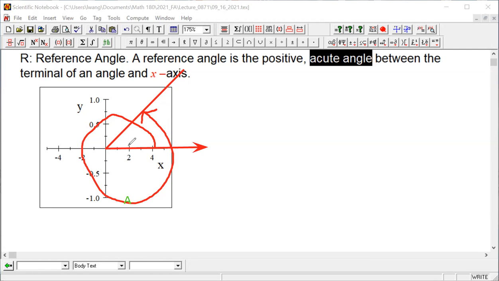The reference angle is still the positive acute angle. Acute means less than 90 degrees, larger than 0, between 0 and 90 degrees. Do you guys understand that? That's an acute angle. Not only does it have to be acute, it has to be positive. So you cannot measure clockwise.